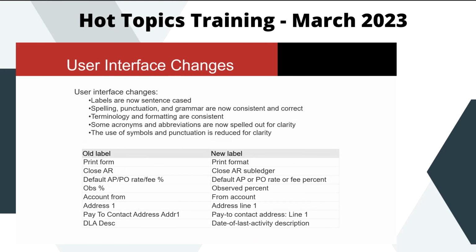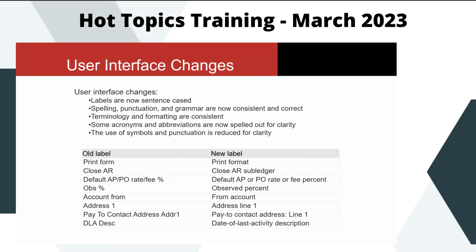The first thing we will look at are user interface changes. The changes that were made for R1: our labels are now sentence case. Spelling, punctuation, and grammar are now consistent and correct throughout the modules. Terminology and formatting are consistent. Some acronyms and abbreviations are now spelled out for clarity, and the use of symbols and punctuation is reduced for clarity.